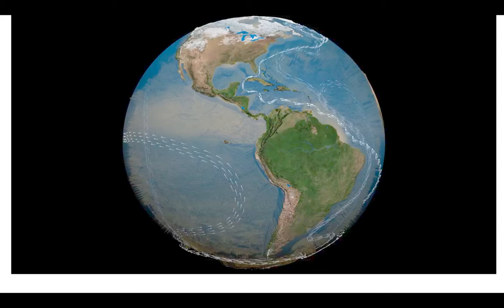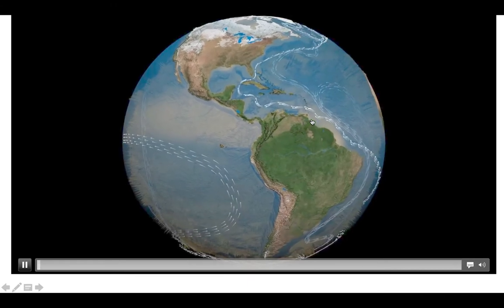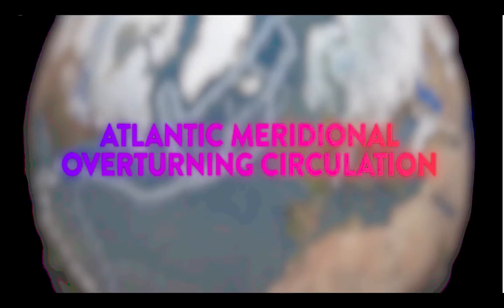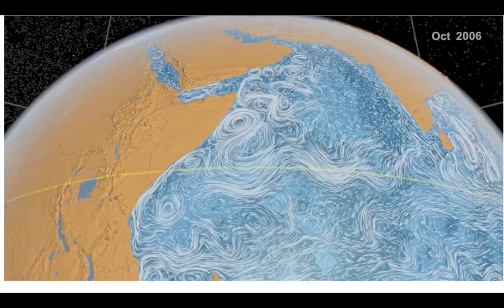Their water becomes dense enough to sink, and then the whole circulation initiates, right? In the Atlantic region it is considered the Atlantic meridional overturning circulation, and it is very important as far as climate is concerned. If the Atlantic meridional overturning circulation simply slows down, it will create chaos for the world climate. I will tell you how.